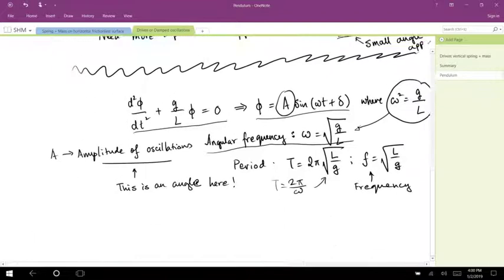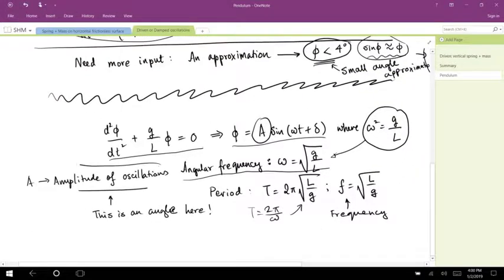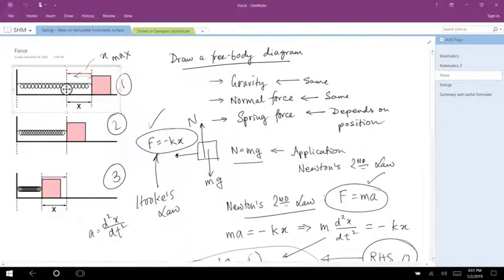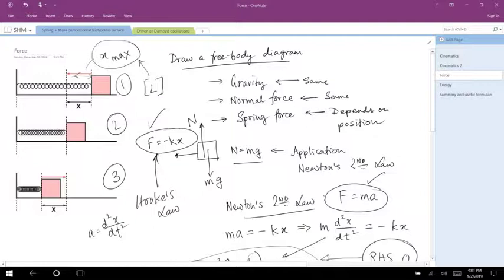One last thing to note is this amplitude of oscillations. If you go back to your spring and mass system, the amplitude itself was x max, the maximum expansion in the spring. What were the dimensions of this quantity? Well, it had dimensions of length, because it's a length.